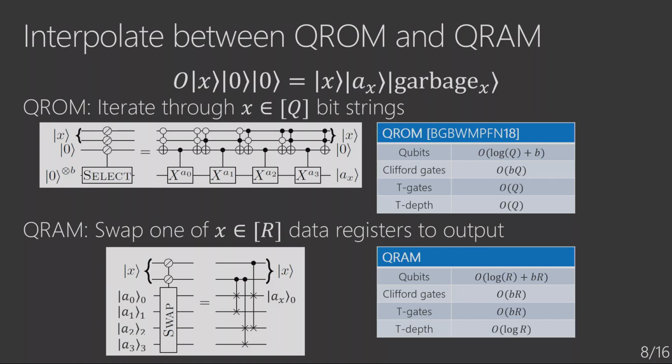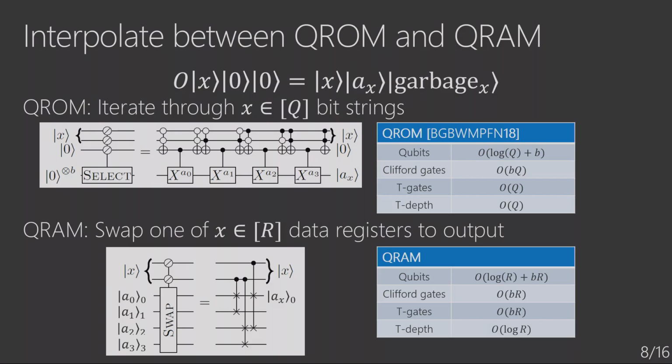So you iterate through all of these bit strings, and there are ways to optimize this circuit so that if you have n of these data elements, the depth is n because there are n things to iterate through. And because the thing that writes the bits into the output is a Clifford gate, that's controlled X, it doesn't really matter how many bits of your output you have. Could be 10 bits, 100 bits. The number of Clifford gates is always bits times depth, but the number of T-gates stays unchanged.